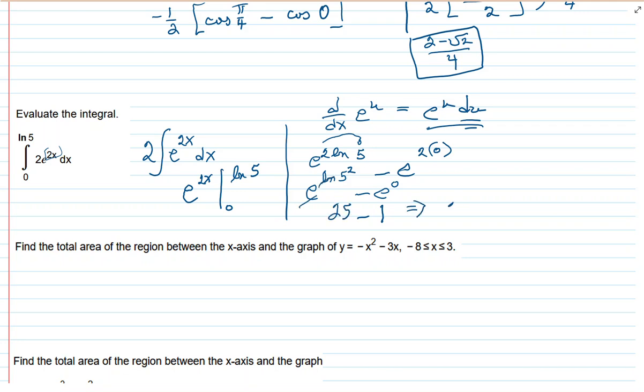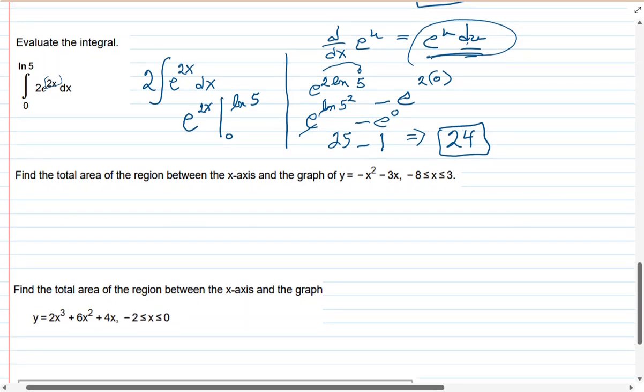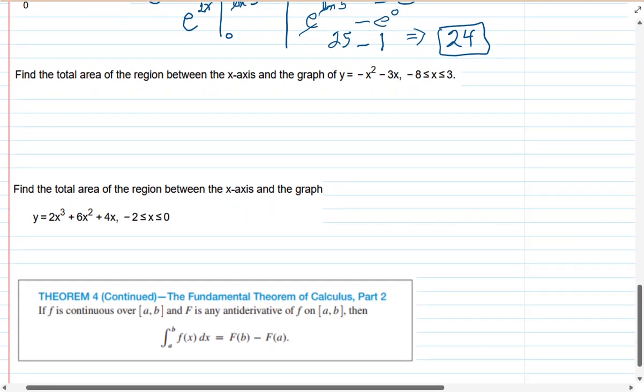So my outcome is 24. All right, we have to think about this particular rule to end up with what we have. And in this case, the du of u is going to be the 2, and that's what I had. So that was a pretty easy one.